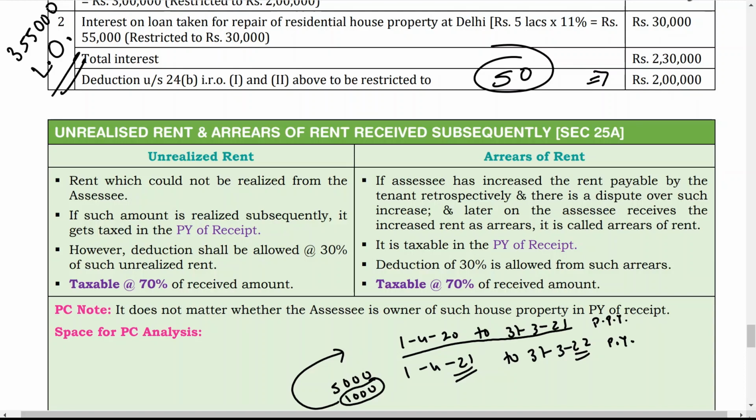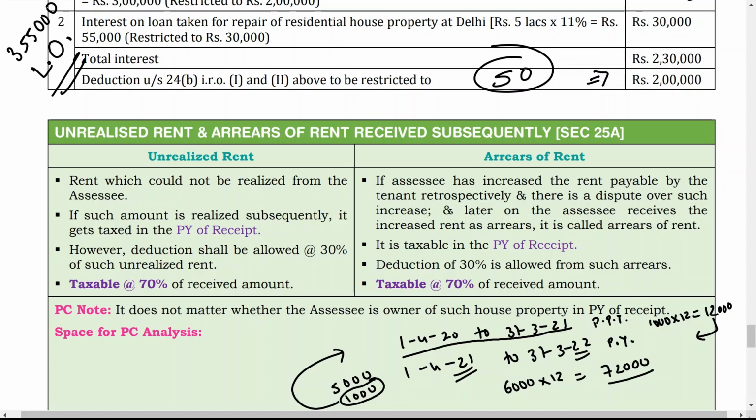So now this dispute goes into the court, and let us say the decision comes in favor of the owner. In that case the tenant has to pay rent of 1,000 into 12 for the preceding previous year, that is 12,000, and in the current previous year he will pay 6,000 into 12, that is 72,000.